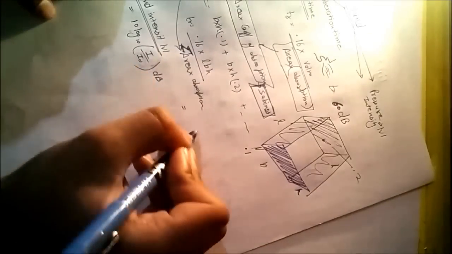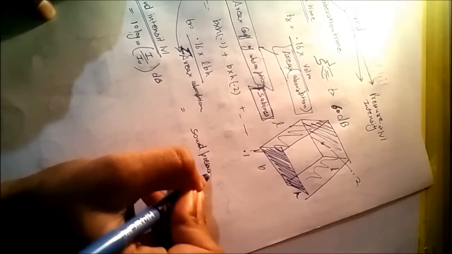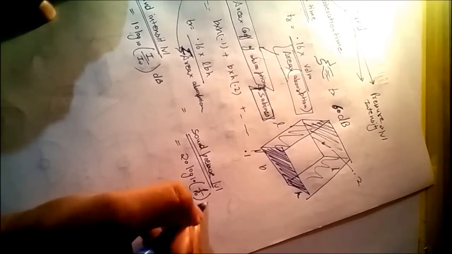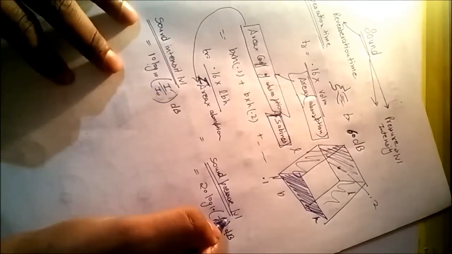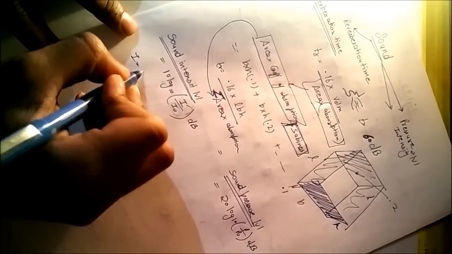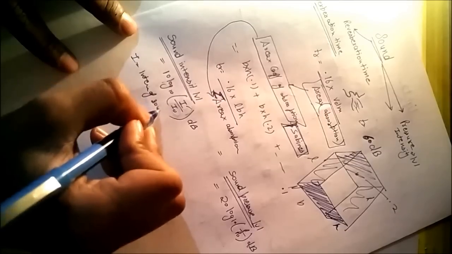And here comes the sound pressure level, that is 20 log 10 P upon P naught decibel. Here I is the intensity of sound we are measuring.